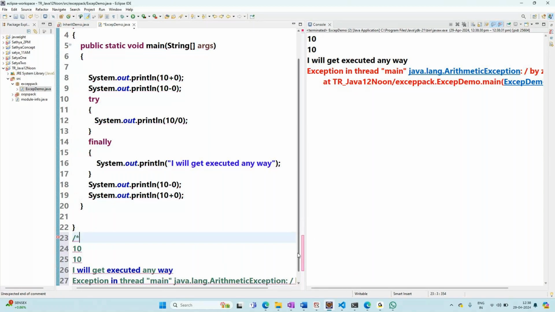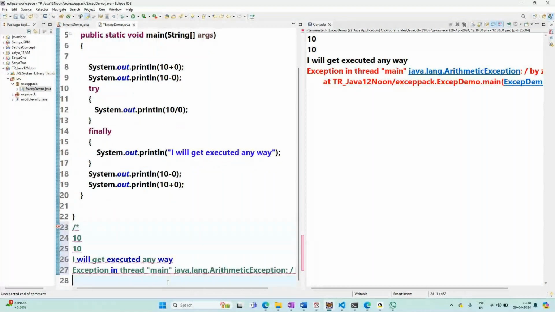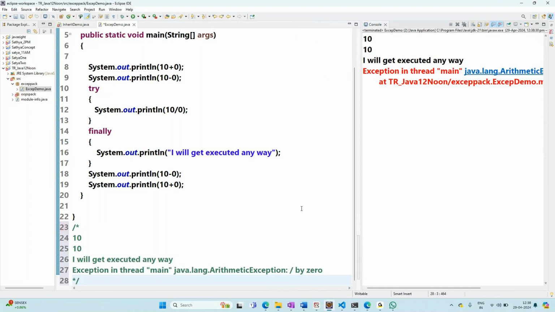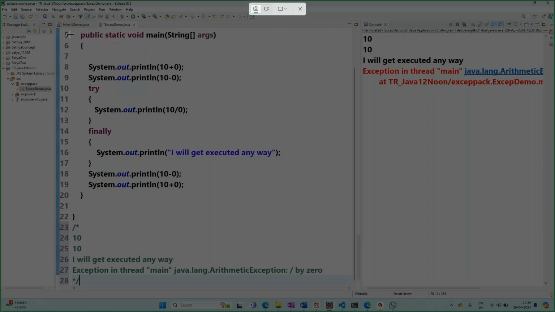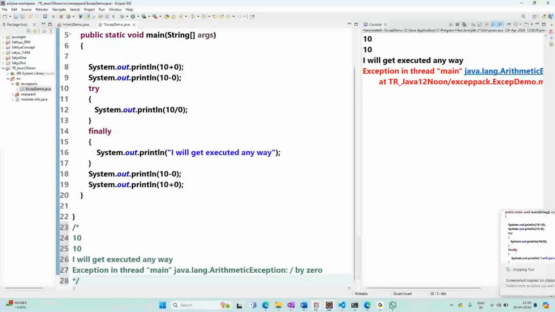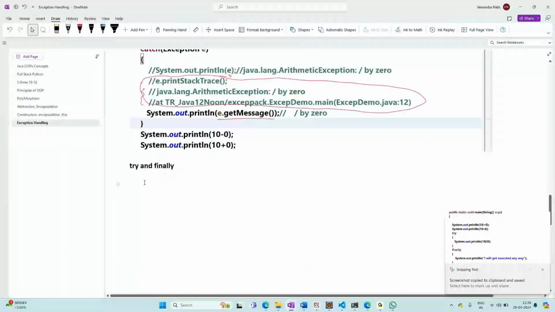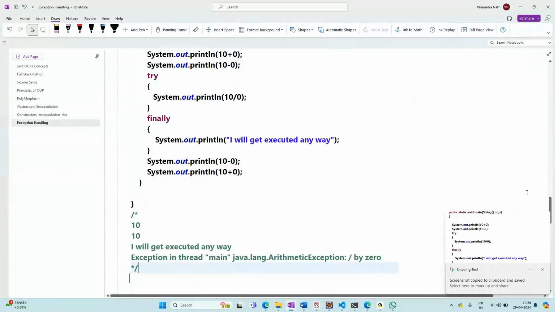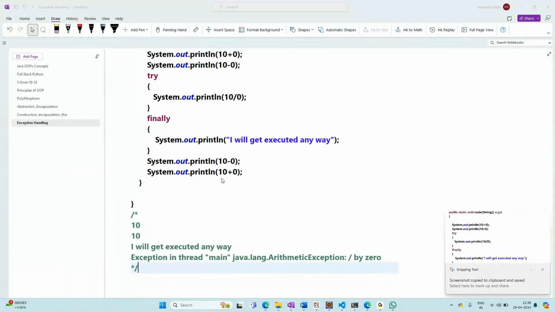Try followed by finally will not allow us to handle the exception. So the exception is never handled.